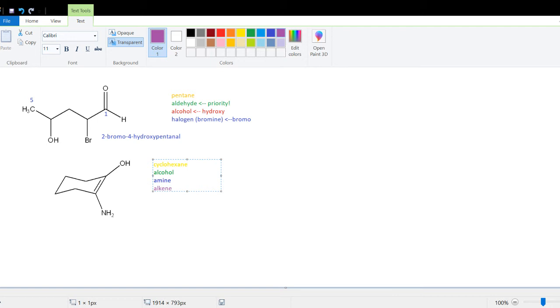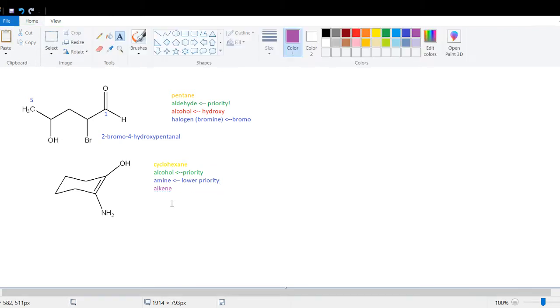Those are all the components we need to put together. Again, on the priority list, alcohols have a higher priority over amines, and so we're going to have to name it in accordance with that.